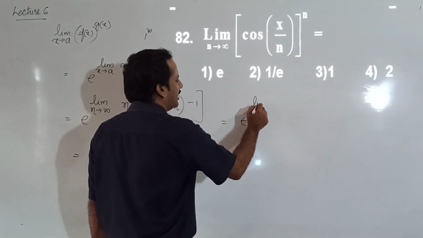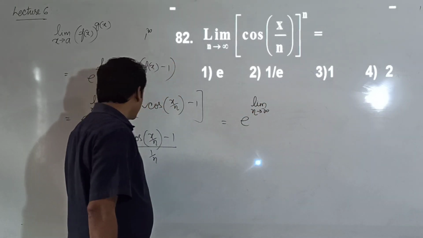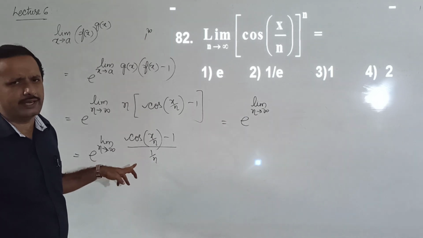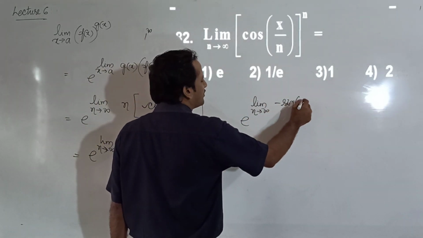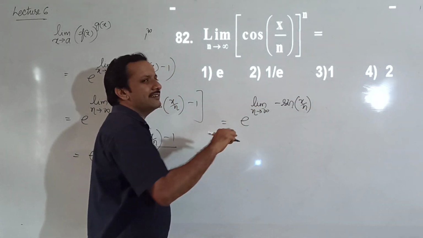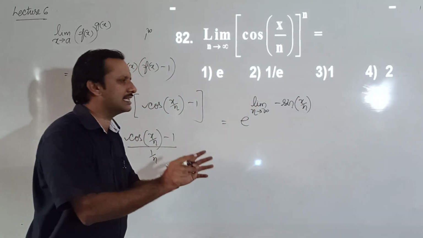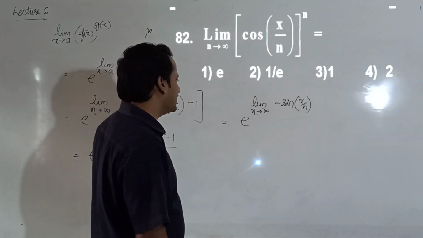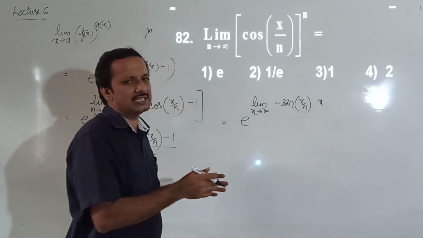This is equal to e power limit n tends to infinity. Differentiate this cos x by n. Derivative of cos x by n is minus sin x by n. Observe that n is the variable here, so you have to differentiate with respect to n, treating x as constant. Minus sin x by n into x by n, x will remain as it is.